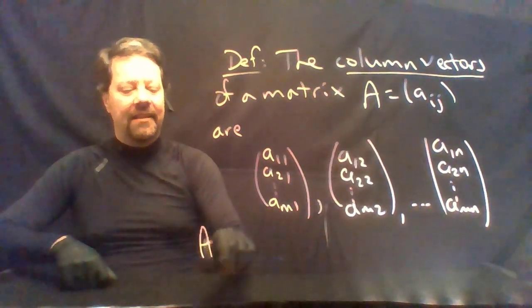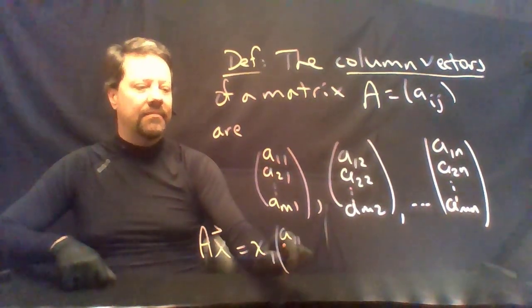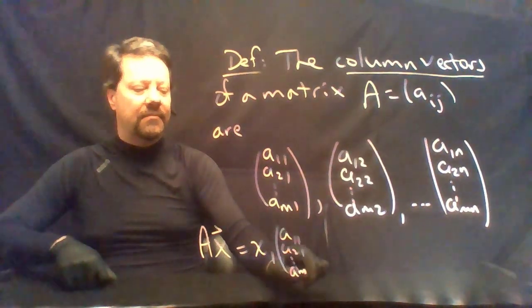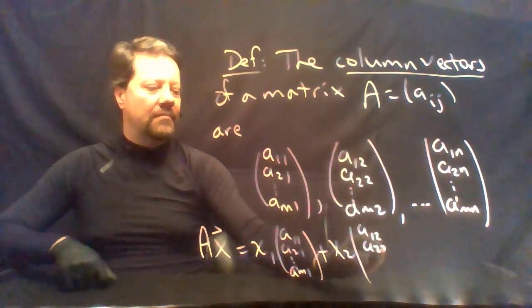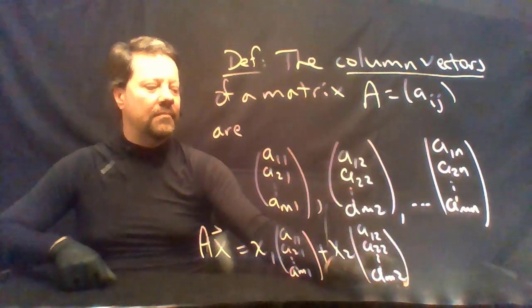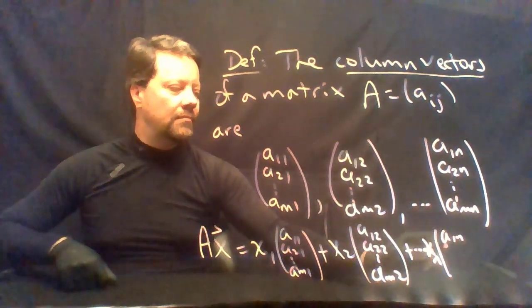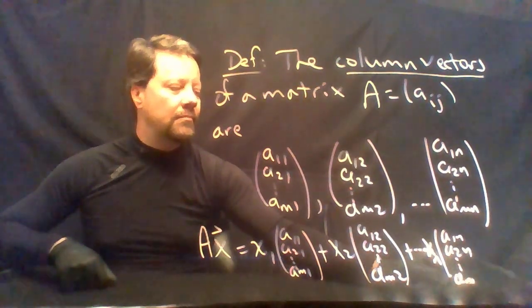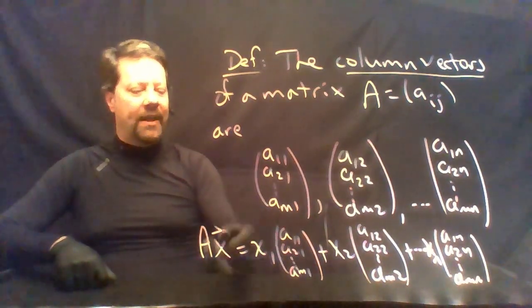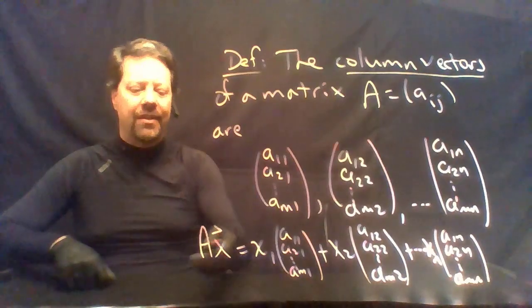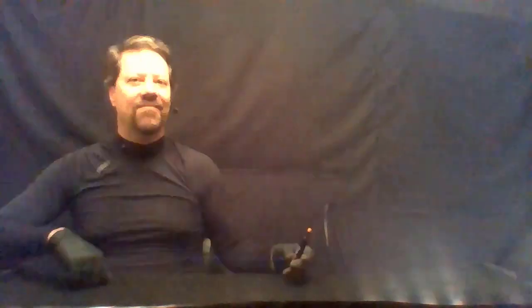What we've seen is that AX is the linear combination of the columns. So whenever I multiply a matrix times a vector, what I get is a particular linear combination of the columns of the matrix A. I want you to know that.